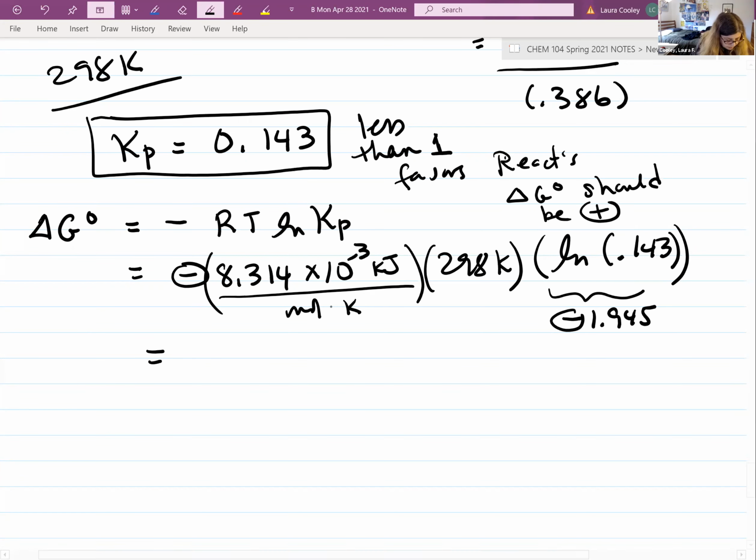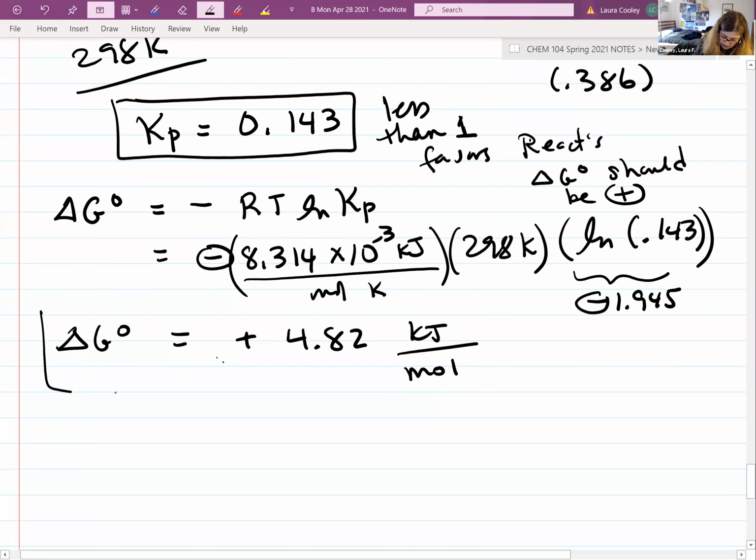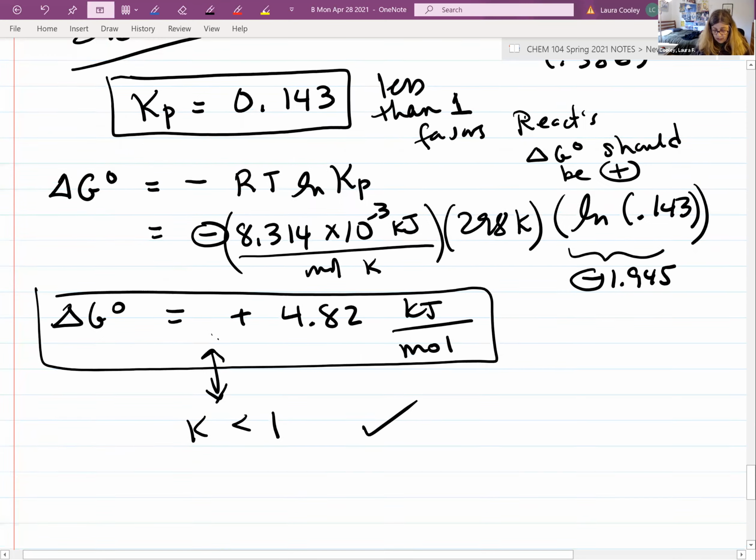Okay, so that comes out to a positive 4.82, which is of course the number that we used before, but maybe you don't remember, but anyway. So we do have a positive delta G0, which correlates with a K that's less than 1. And so that makes sense. All right, so that's just another kind of problem that you could be given.